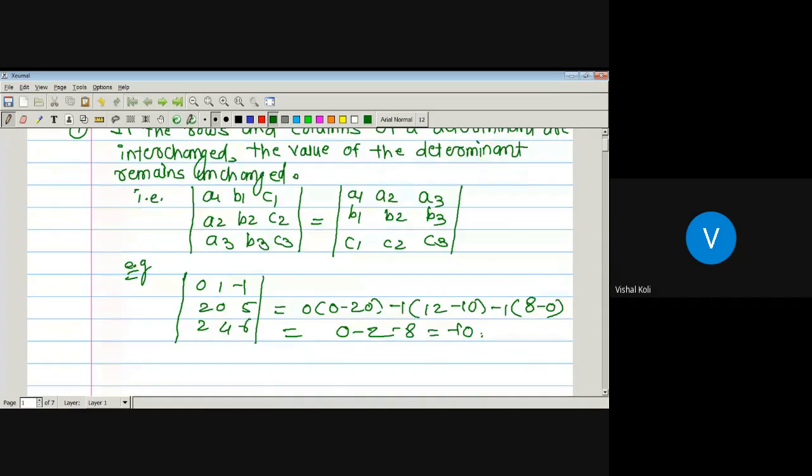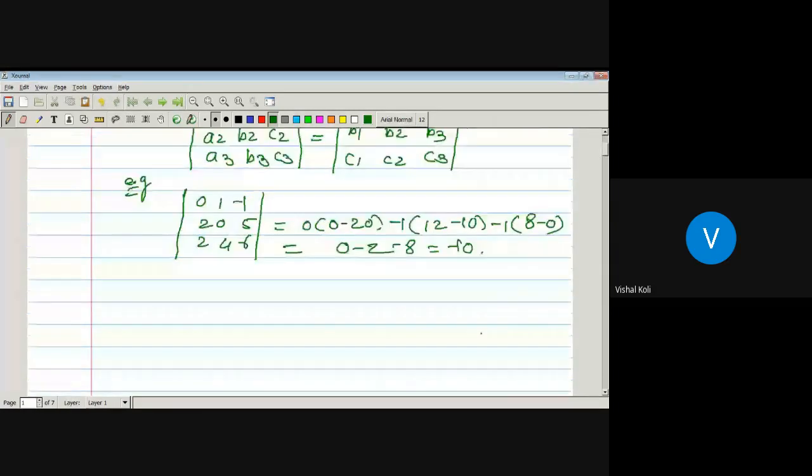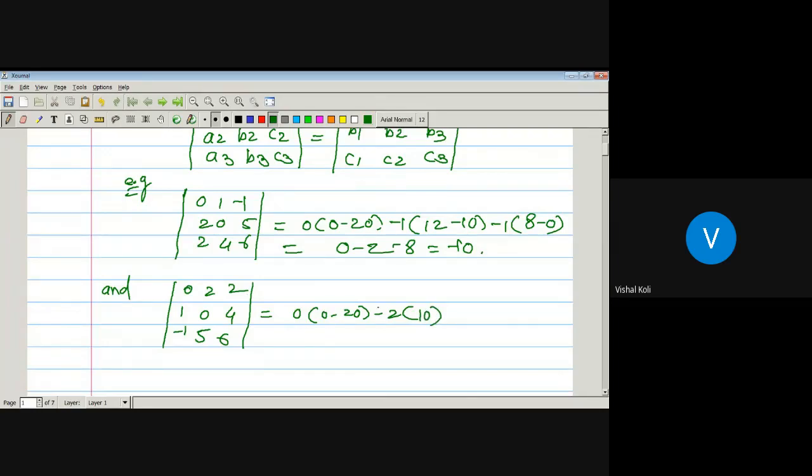Now we interchange its rows and columns and take the first row as first column, second row as second column, and third row as third column. Now find its determinant, which is equal to again 0 into 0 minus 20 plus, sorry, minus 2 into minus of 2, 6 plus 4, which is 10, plus 2 into 1 into 5 minus 0.